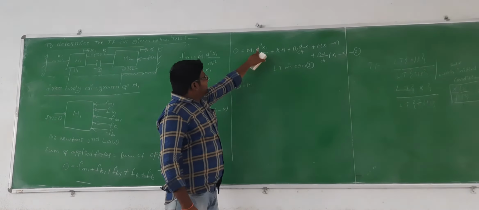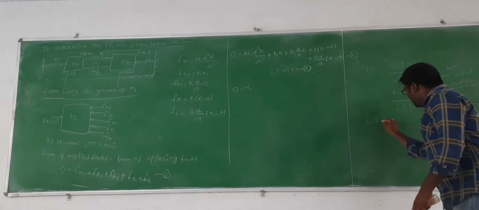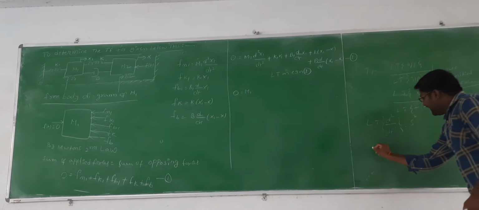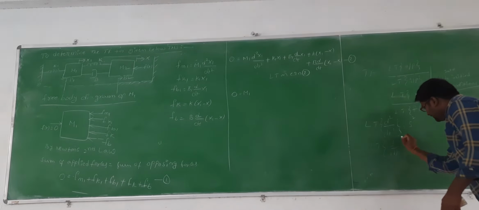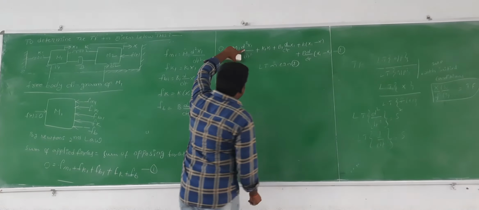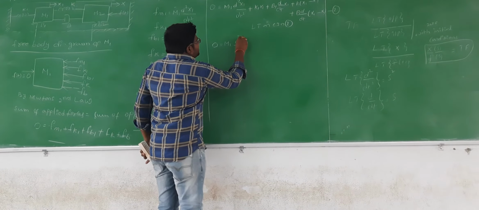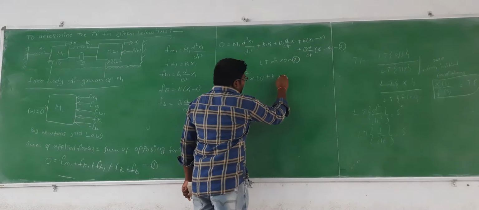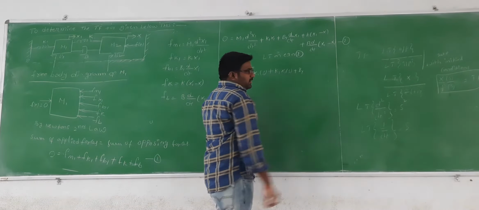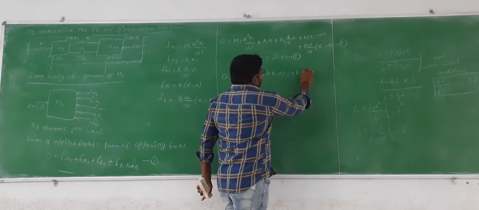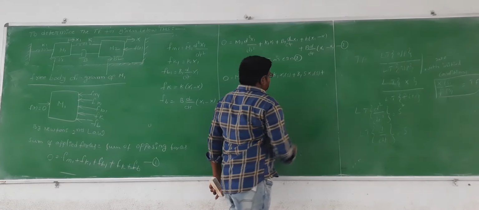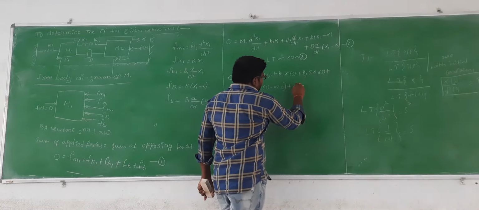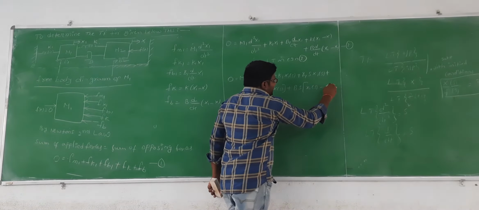The Laplace transform of d square by dt square is s square, so m1 s square into x1 of s, plus k1 is constant, k1 into x1 of s, plus b1 is constant, b1 times the Laplace transform of d by dt, s into x1 of s, plus k into x1 of s minus x of s, plus b s into x1 of s minus x of s.